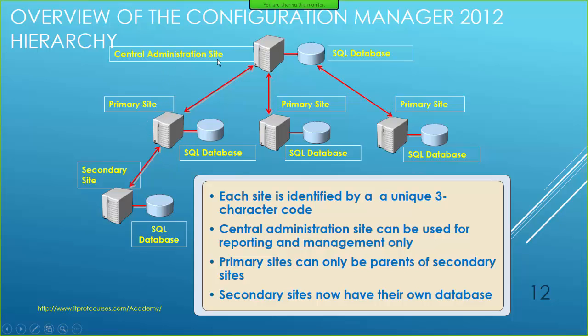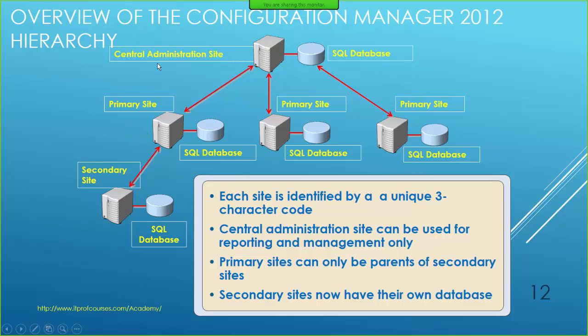If there is no central administration site, then in one physical location you will create one primary site. Right now, maybe next class, we're going to be creating a primary site only. Later we're going to add another primary site, which will be another branch, and in order for both sites to work together, collaborate, we must have a central administration site.